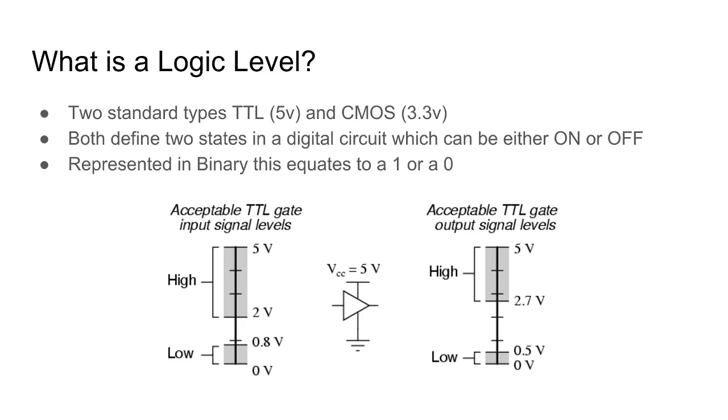In a voltage driven circuit, you would find that a 1 in a TTL circuit would be 5 volts, and a 0 would be 0 volts or ground. And in a CMOS circuit, the 1 would actually be represented by about 3.3 volts. So those are the critical differences between the two standard types of logic levels.